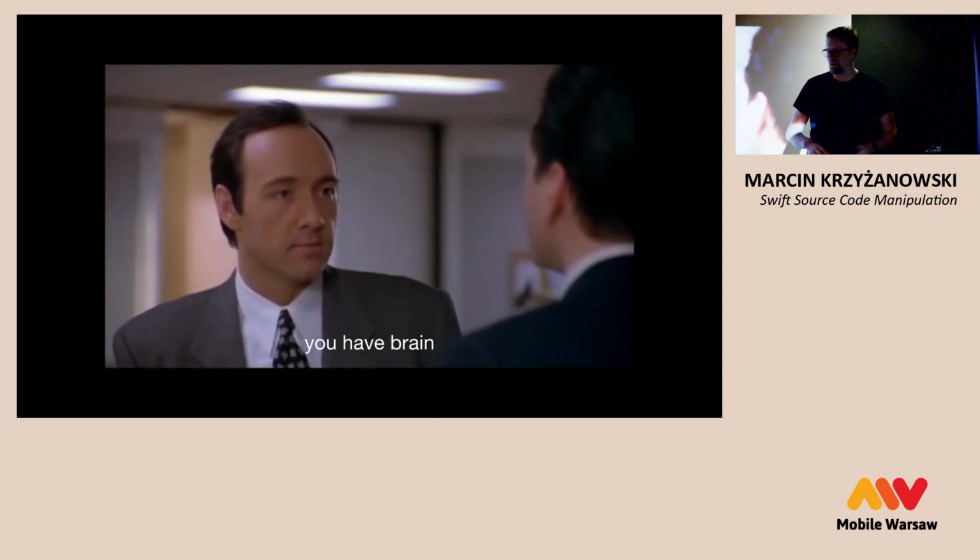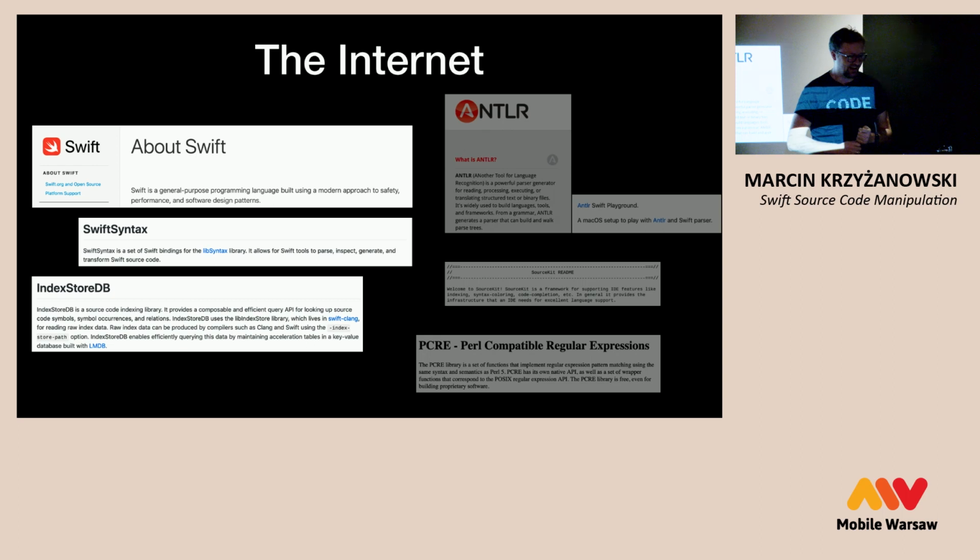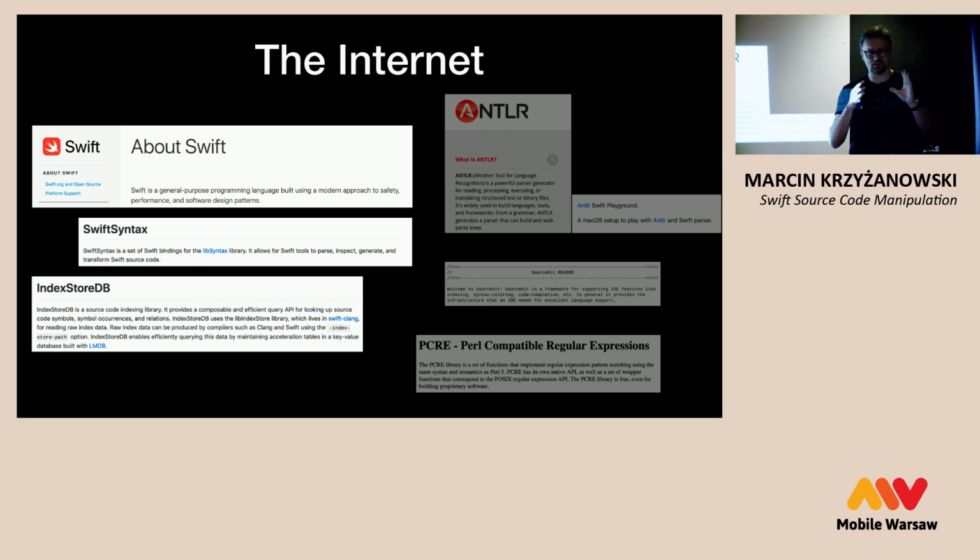There's no sound, but yeah, I have a brain, so check. I also have the internet, so you know, the brain and the internet are my superpower. And then I have some libraries, which is the third ingredient.